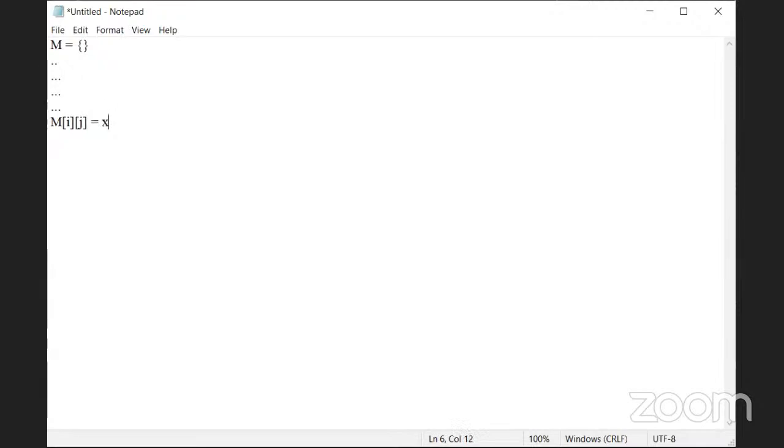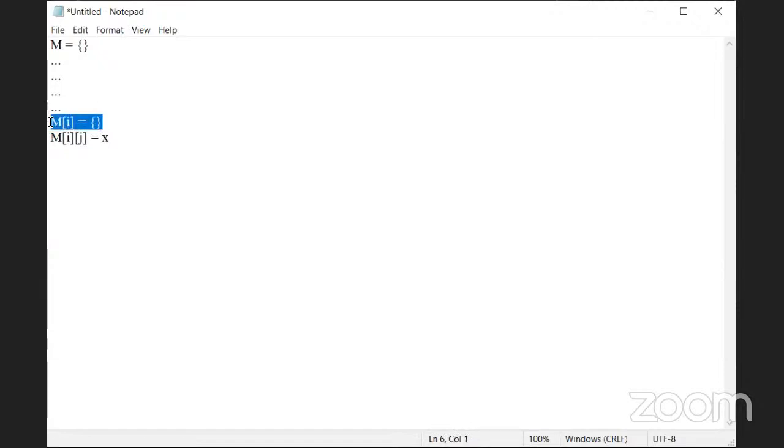So you are asking whether this is a valid statement or not. This is valid only if you have created M of I earlier. If you haven't, then it's an invalid statement. You cannot create two nested keys directly. If you want to create this, then you should first do M of I is equal to empty dictionary.